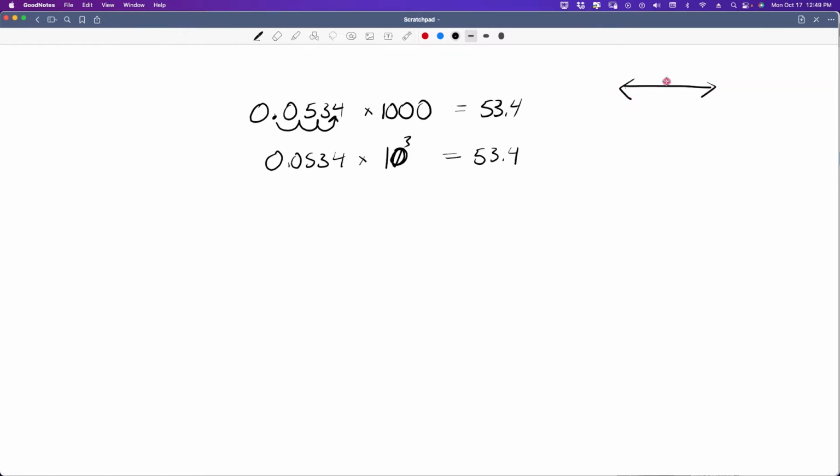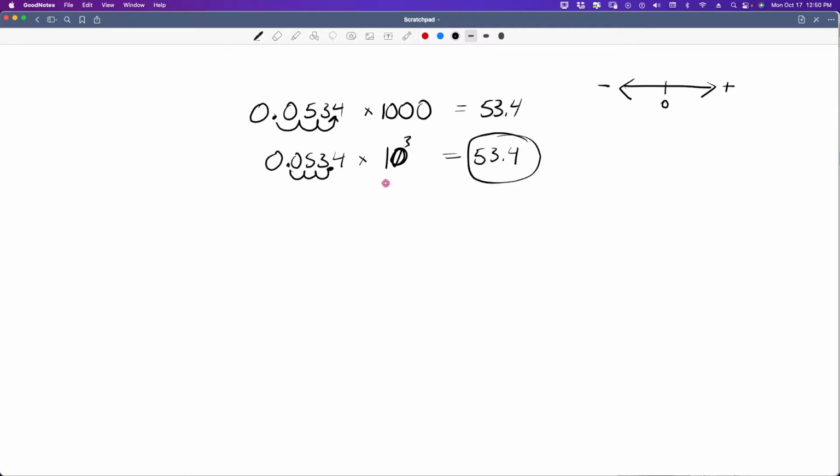And we know that this is the origin, this is the positive side, and this is the negative side. So when we multiply times a positive exponent, that's the number of places that we move the decimal. So it's really easy to look at this and say, oh, we're just moving it 3 times. So 1, 2, 3 would be 53.4, which is the answer here.